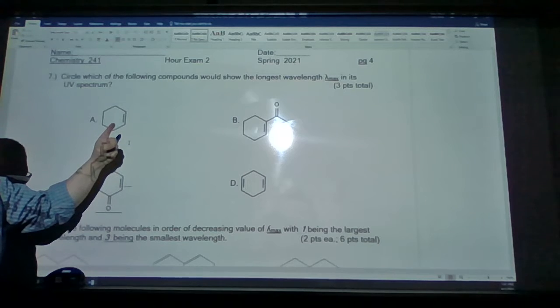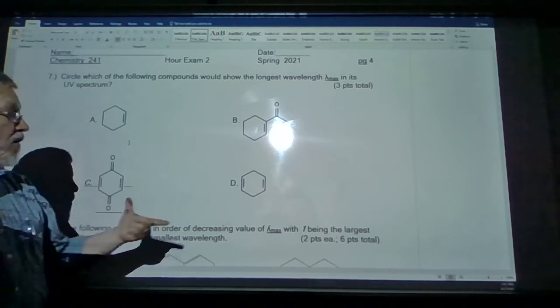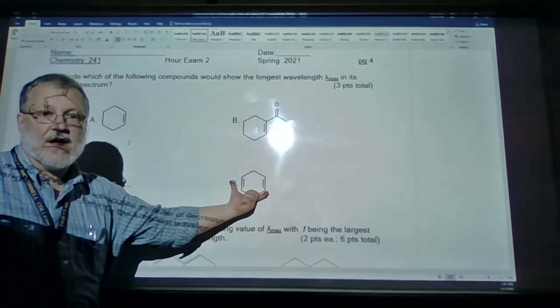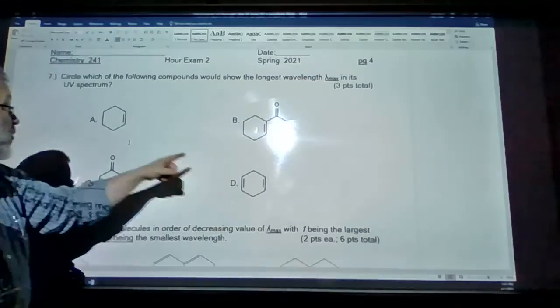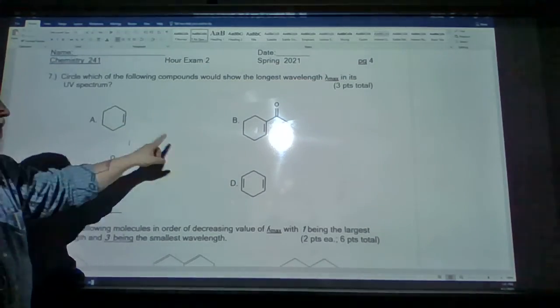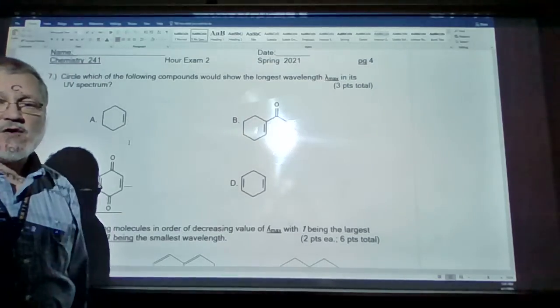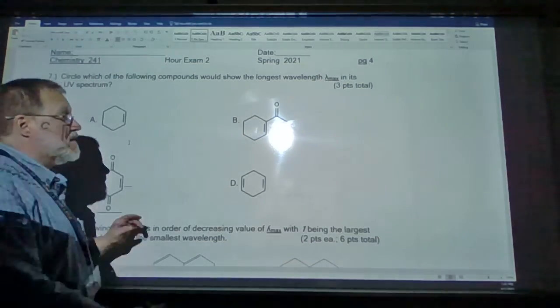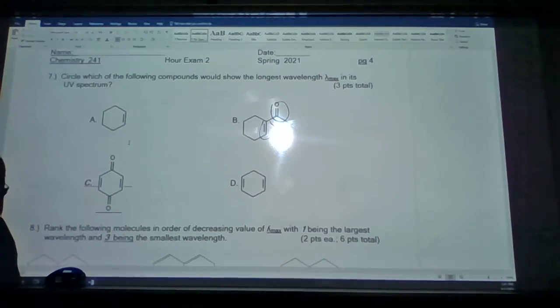Are there any other compounds that have more than one conjugated double bond? Yes. Well, this compound has 2 double bonds in it, but are they conjugated? No. This will be higher wavelength than that, but these are not conjugated. Does B have 2 double bonds? Yes, it does. Double bond here and the double bond there.